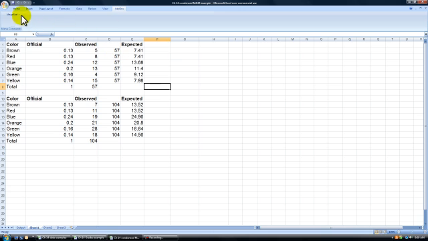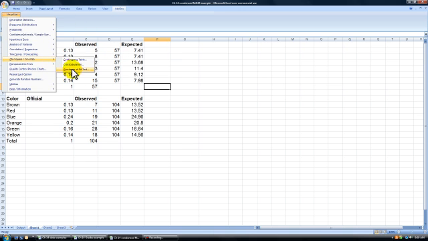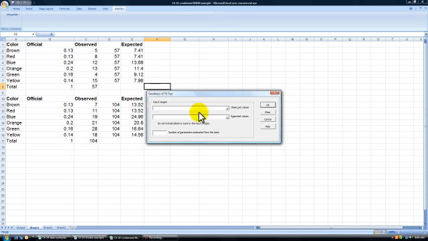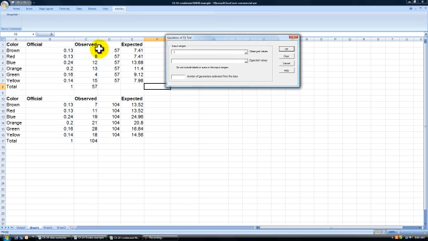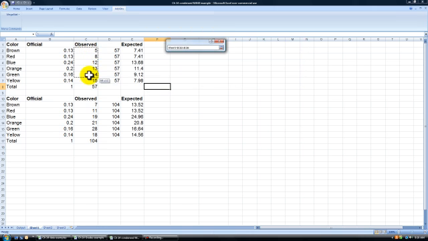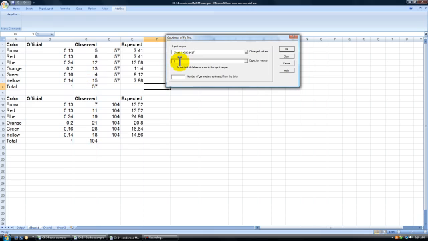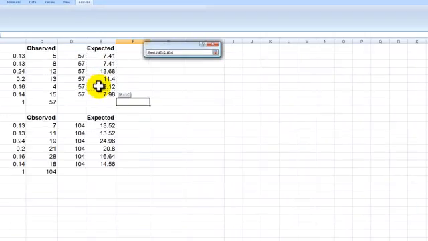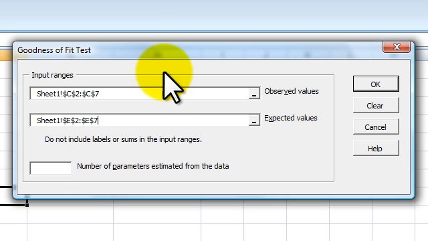So go to MegaStat, chi-squared test, goodness of fit test, and once again we put in our observed values and our expected values. As you'll see in the slides, the goodness of fit test is really looking at the difference between observed and expected.